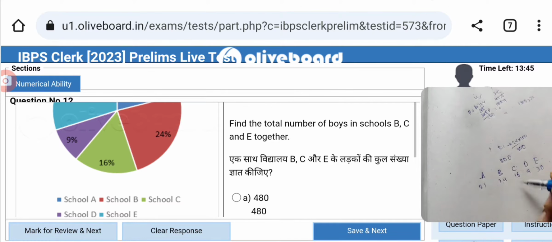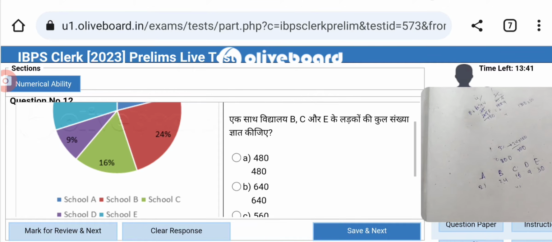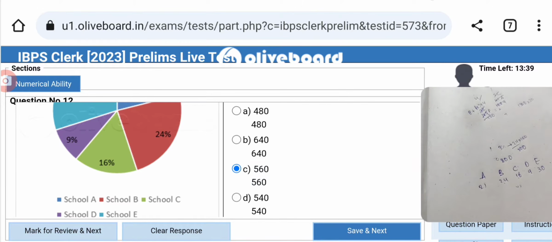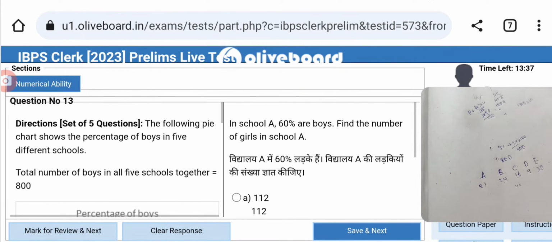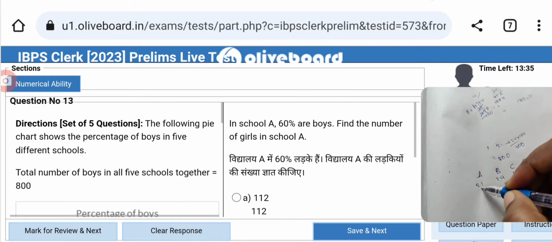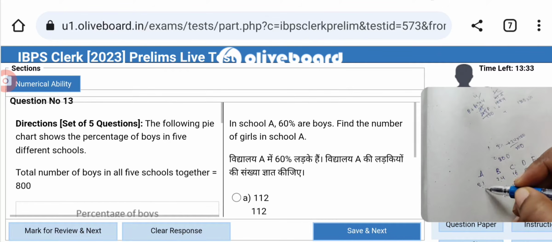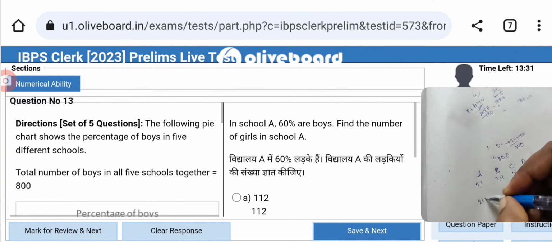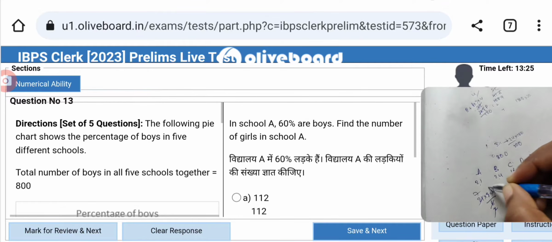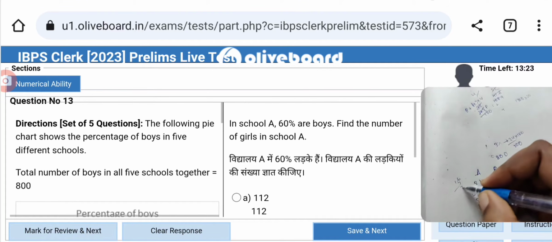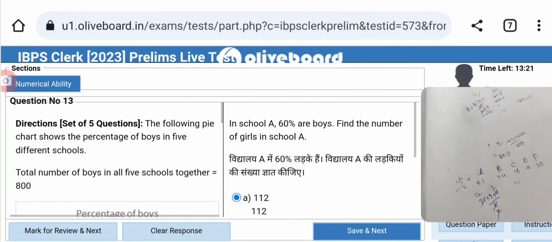B, C 40, 70. So 560. In school A, 60% are boys. So 21, 8 are 60%. Then what are girls? 40%. 2, 3, 7 and 2, 16, 1, 1, 2.